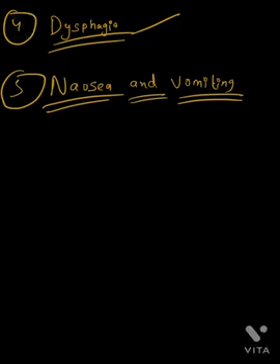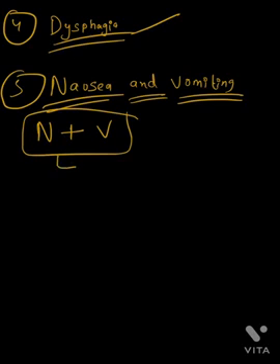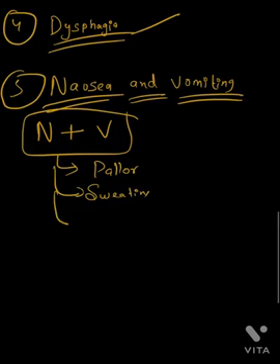Suppose the patient is having nausea and vomiting. Three things may be happening with the patient: it might be pallor, sweating, or hyperventilation.